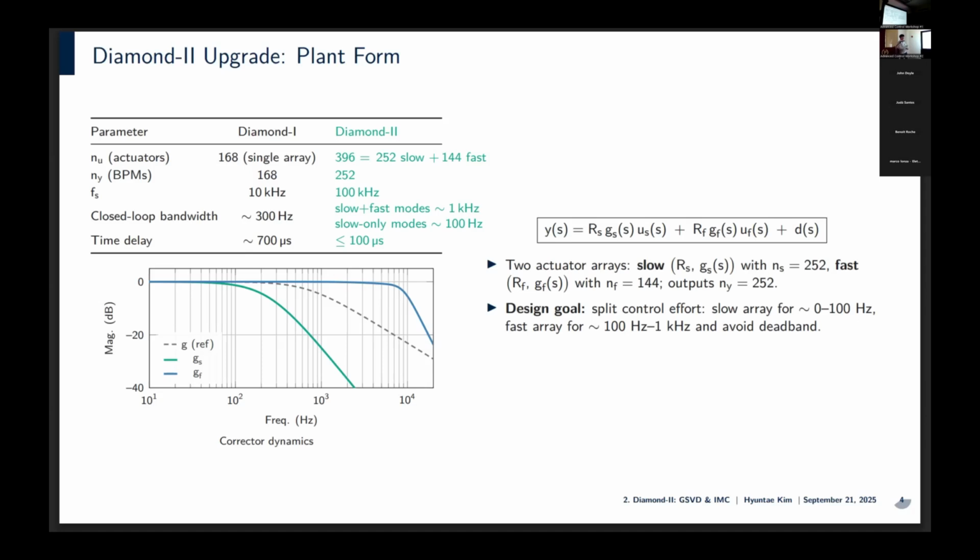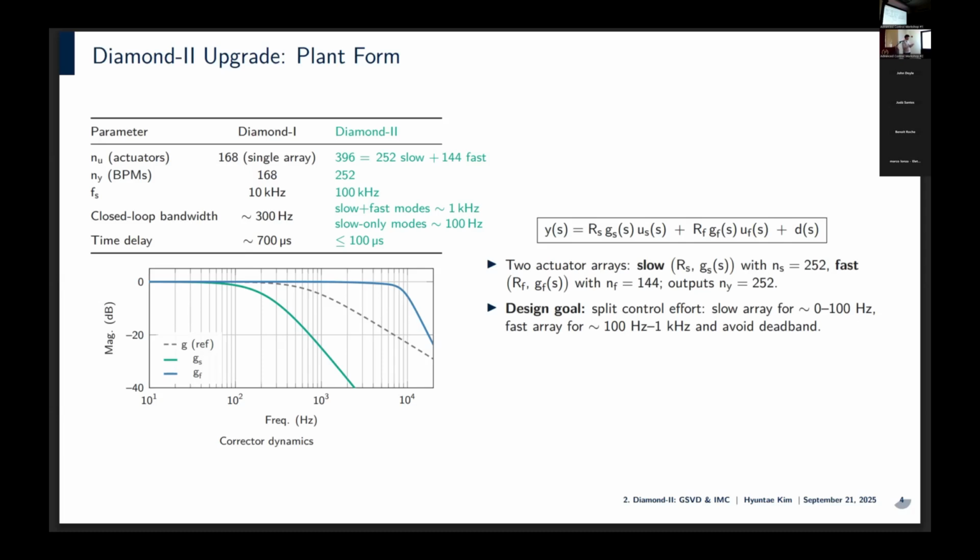Same as Diamond 1, we can write this system very simply as Y equals R_S G_S U_S plus R_F G_F U_F plus D. R_S and G_S correspond to the slow actuator with 252 inputs, and the fast is R_F and G_F with 144 inputs, and the output is 252 outputs of the system.